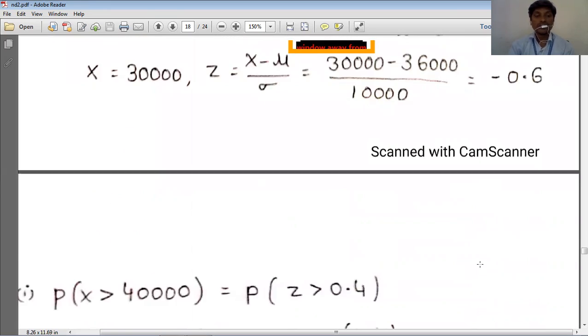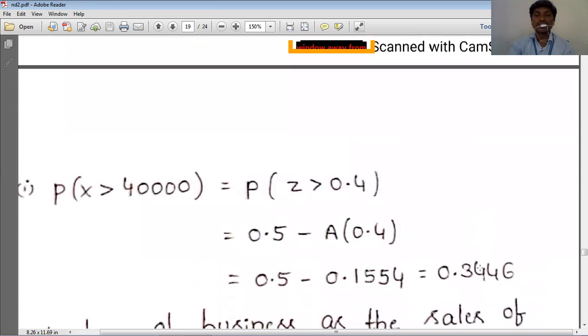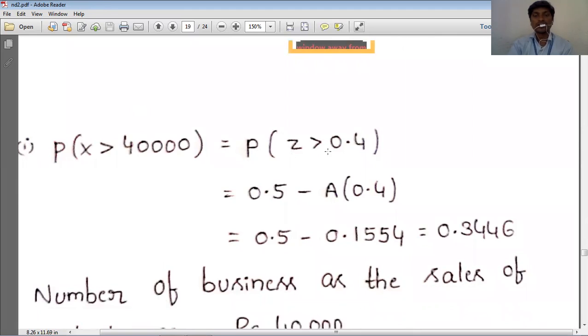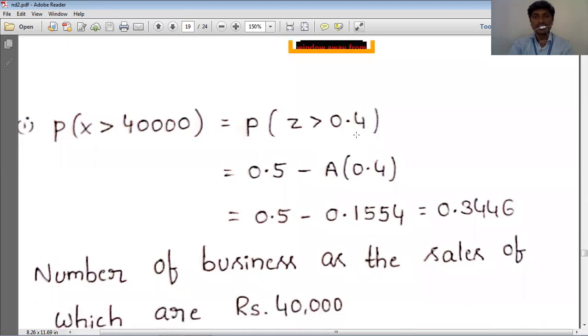Now coming to the first question. P of X greater than 40,000. Why? Because actually the report gives 36,000, but they are asking more than 36,000, which means 40,000. So P of X greater than 40,000. We got the value Z1 is 0.4, and P of Z greater than Z1, and Z1 is also greater than 0.